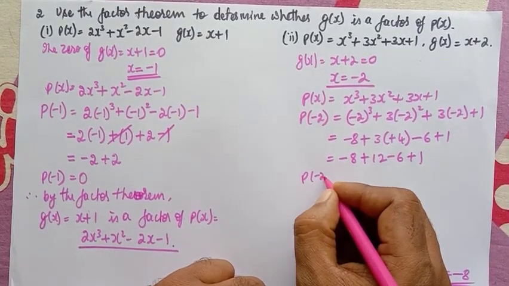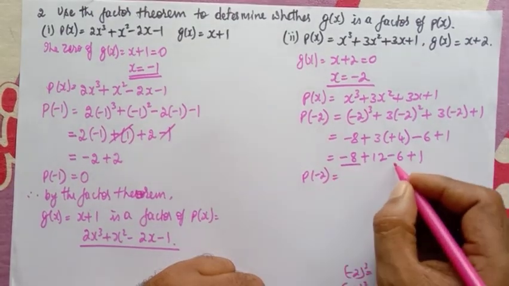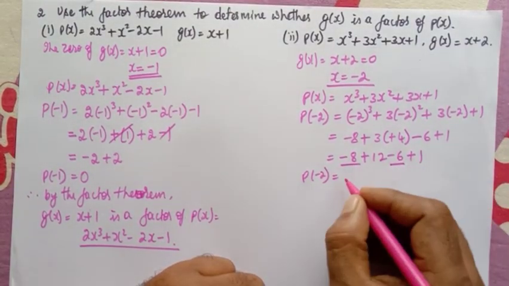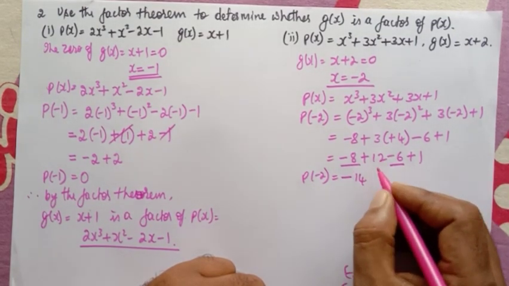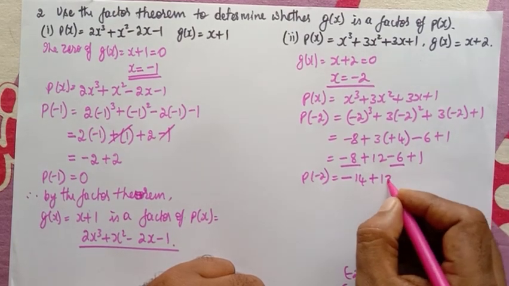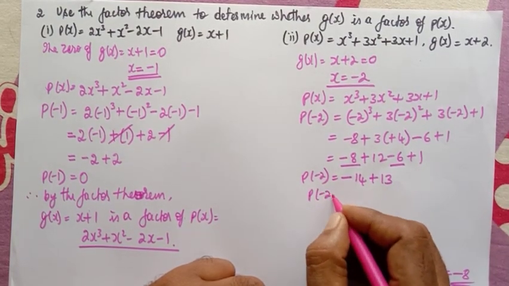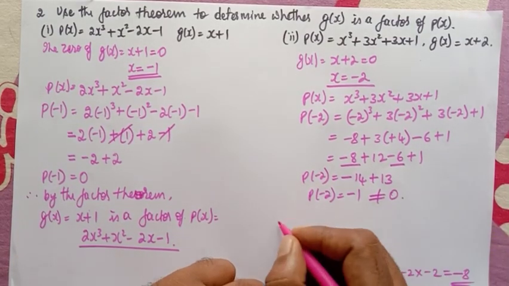P of minus 2 can be equated as minus 6, minus 8 minus 6 is minus 14, and plus 12 plus 1 is plus 13. So, P of minus 2 is equal to minus 1. This does not equal 0.